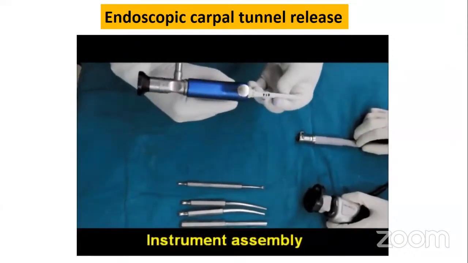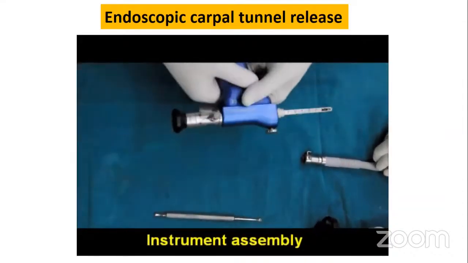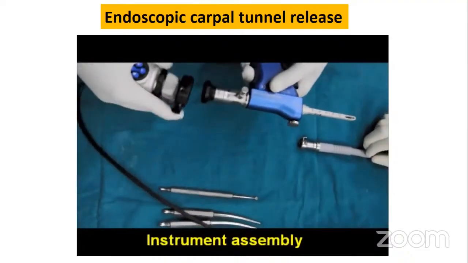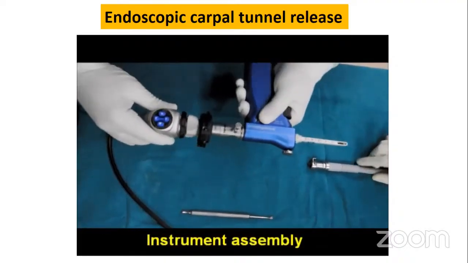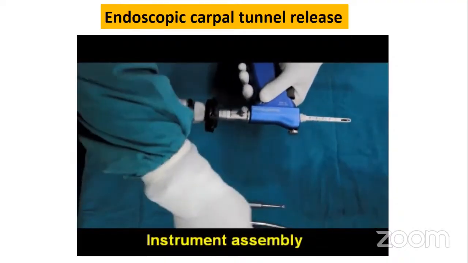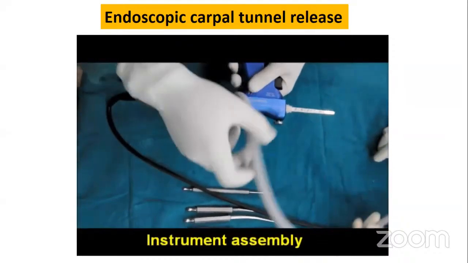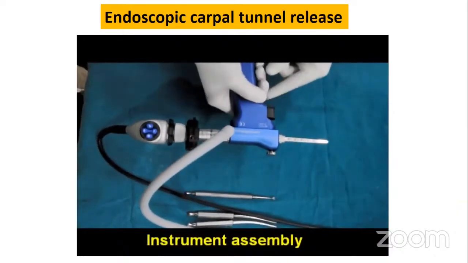And if you press that trigger, the blade comes out like that. The same light source and camera which you use for routine arthroscopy, for other joint arthroscopy, can be used.